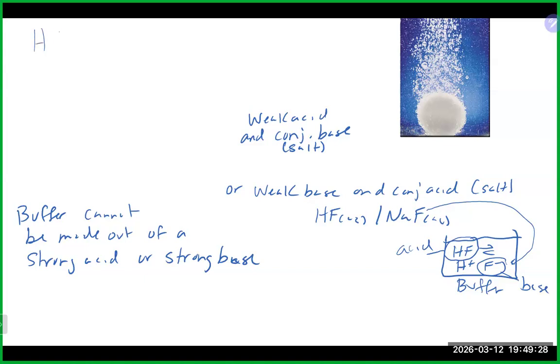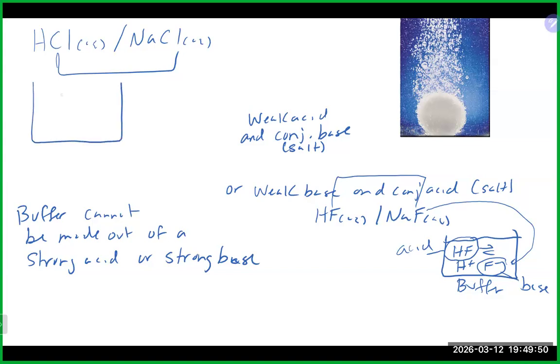Because if you try to make a buffer out of hydrochloric acid and, say, sodium chloride, and you're like, hey, that's a difference of 1 H plus, right? They are related to each other. That's the same deal we have going on here. That's basically a difference of 1 H plus, which is basically what you need for a buffer. The difference, though, is when you dump that HCl into that solution, it is not going to stay together. It's going to completely break apart into H plus and Cl minus.